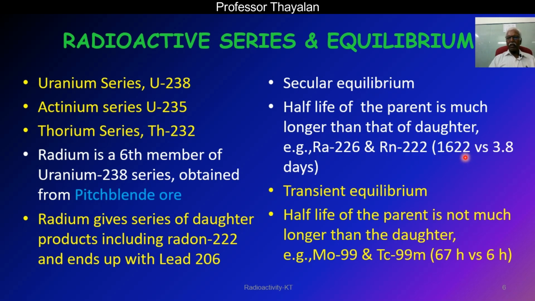You can compare the half-lives, 1622 years versus 3.8 days. In the case of transient equilibrium, the half-life of the parent is not much longer than the daughter. You can take the example of molybdenum-99 and technetium-99m. You can compare the half-lives, 67 hours versus 6 hours.